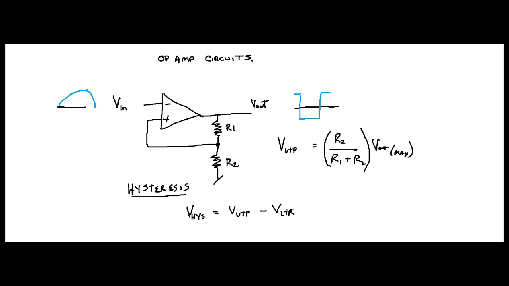V out max for the upper trigger point, and for the lower trigger point, that's going to equal R2 divided by R1 plus R2, times negative V out max. So the hysteresis is R2 over R1 plus R2 times V out max minus negative V out max. All right? So that is one way to address noise.